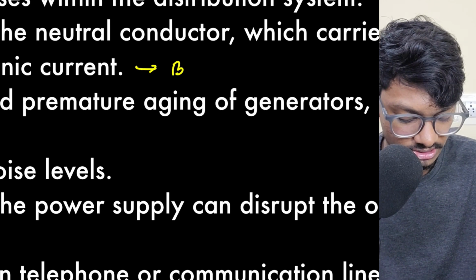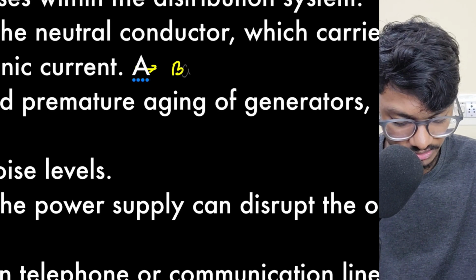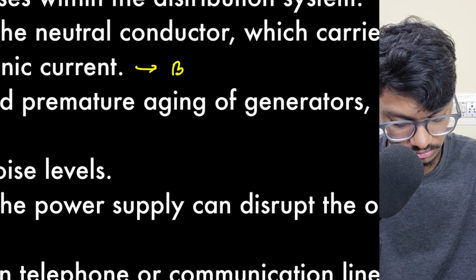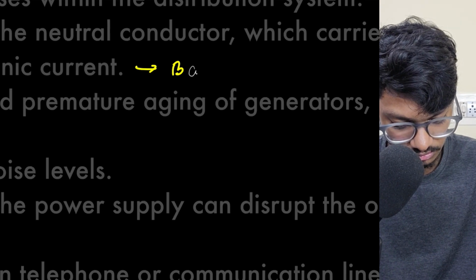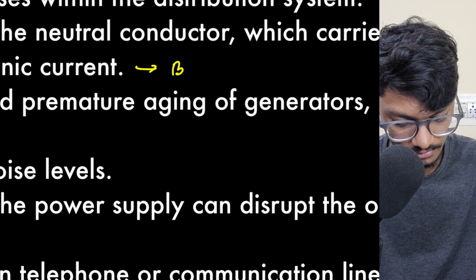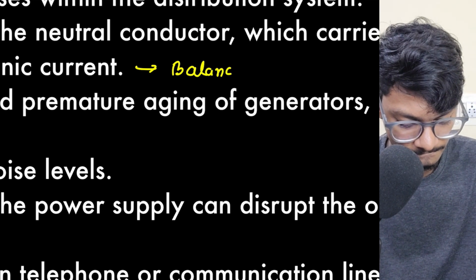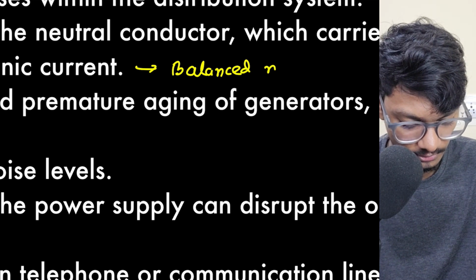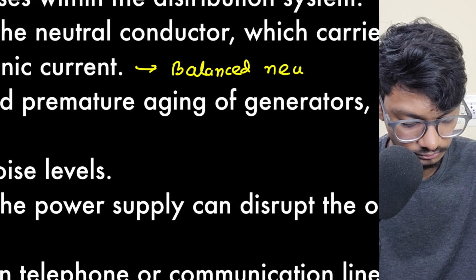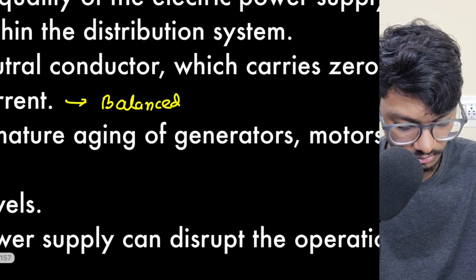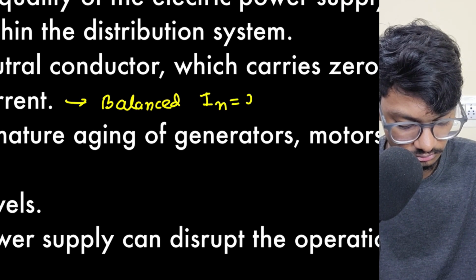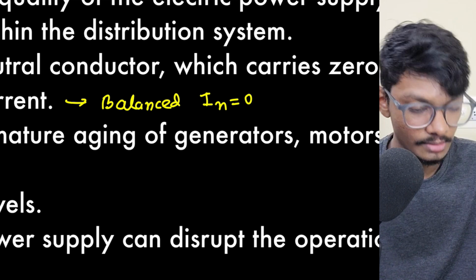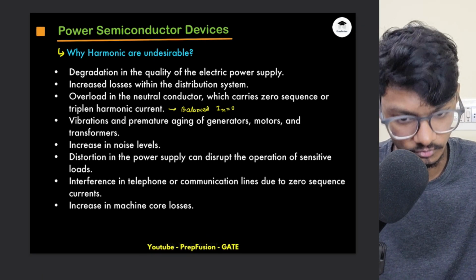But if the system is unbalanced, neutral current won't be 0.